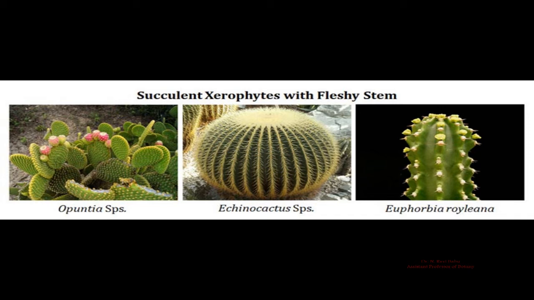Now, let us move on to non-succulents. Friends, non-succulents are the plants which are drought resistant plants. Of course, we have classified the xerophytes into three groups, which are ephemerals, the succulents, and the non-succulents.